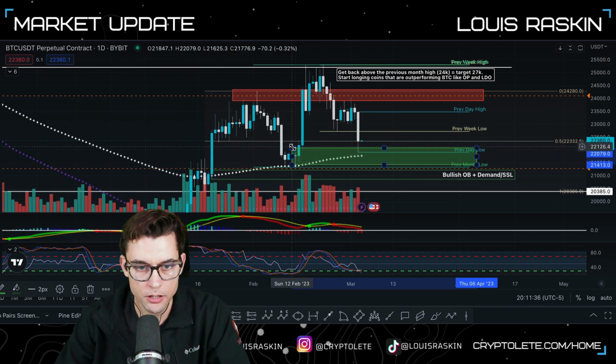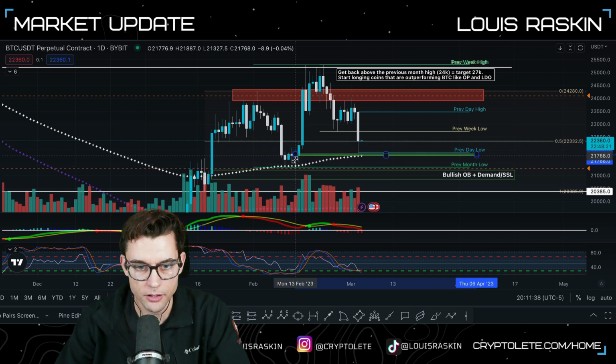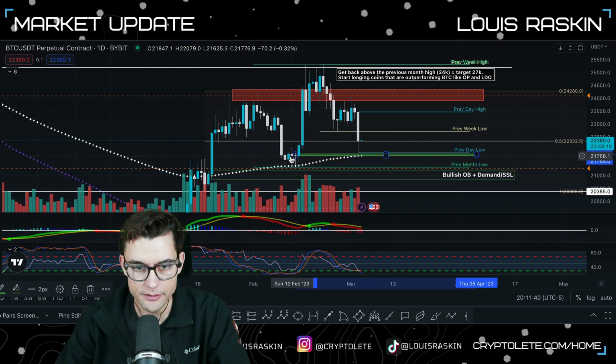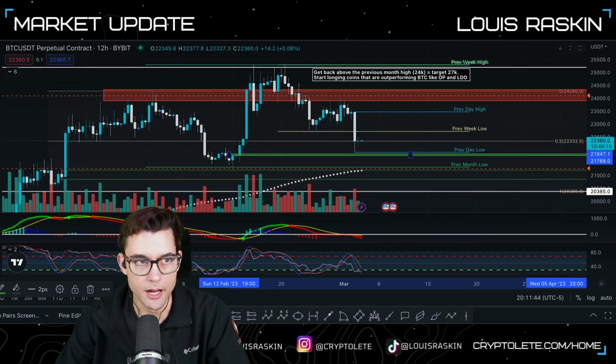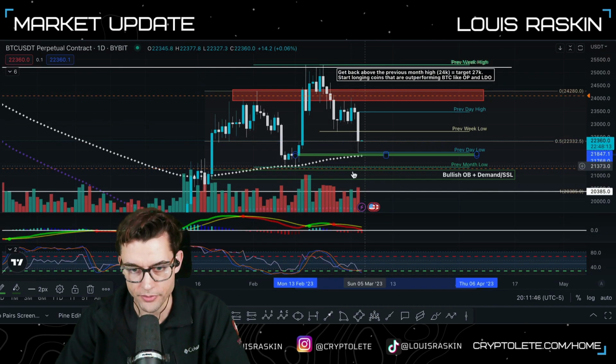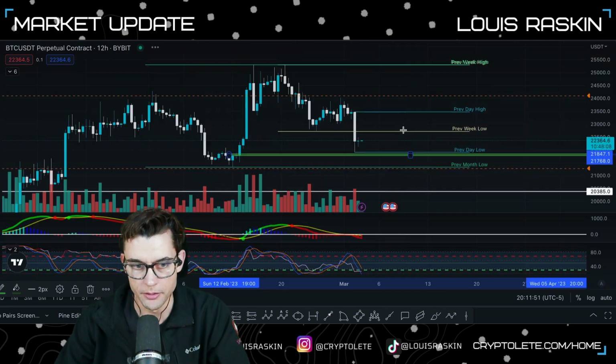I prefer the closes. So that leaves a very small window, which is right there. And obviously, on the daily, that lines up perfectly with the 200 EMA, so daily EMA. So that's really good.